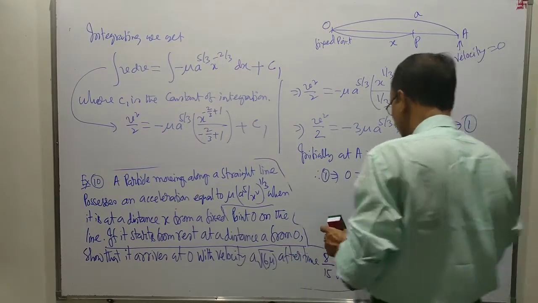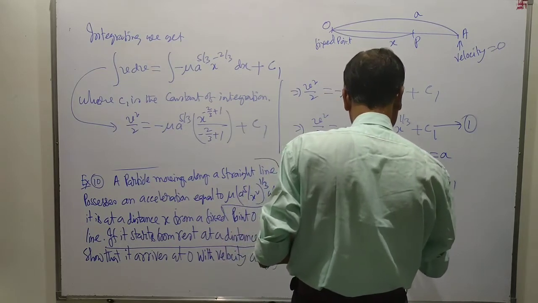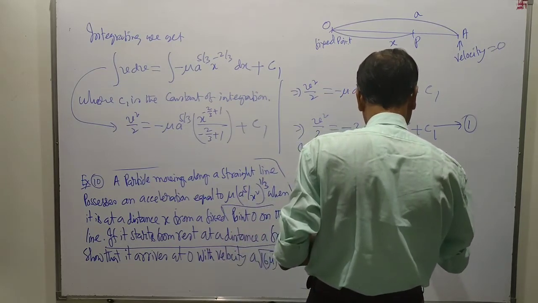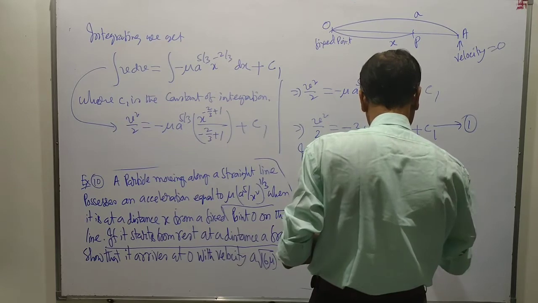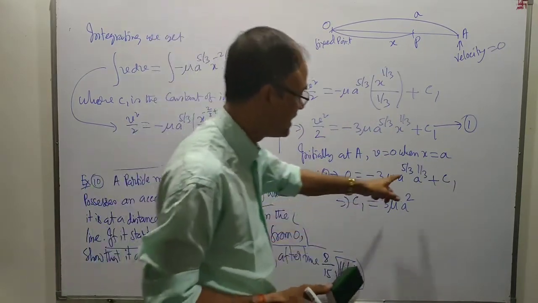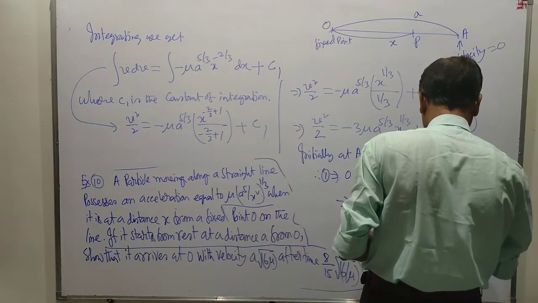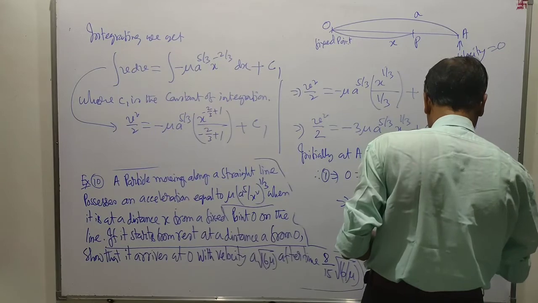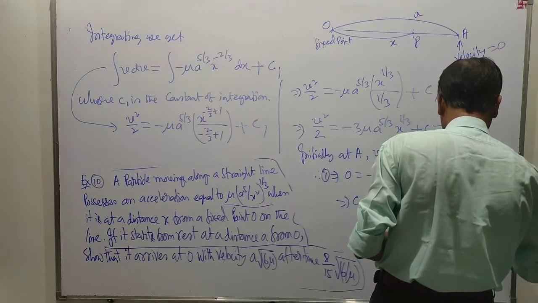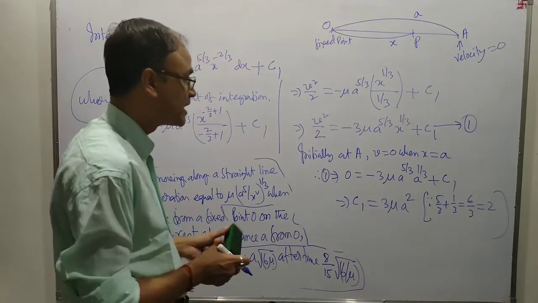This means C1 equals thrice mu a square, because 5 by 3 plus 1 by 3 equals 6 by 3 equals 2. That's all. C1 is equal to thrice mu a square.